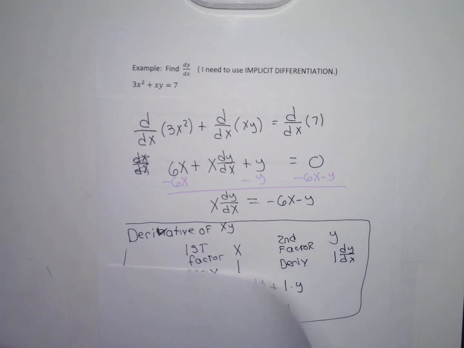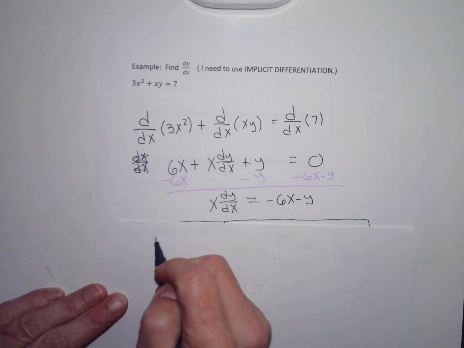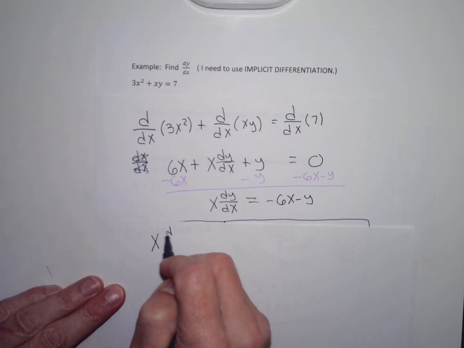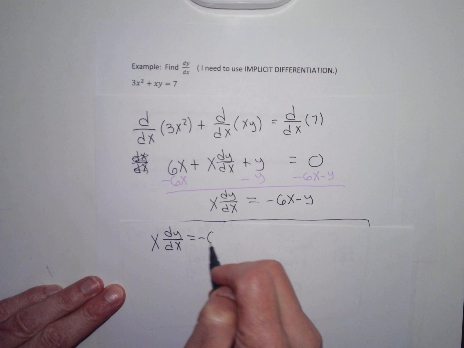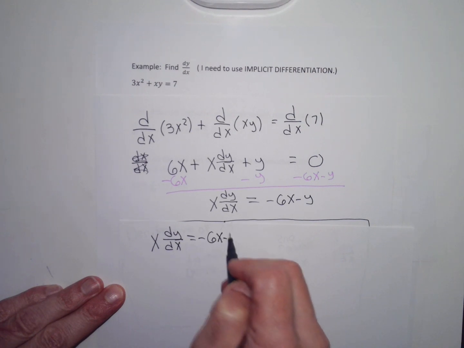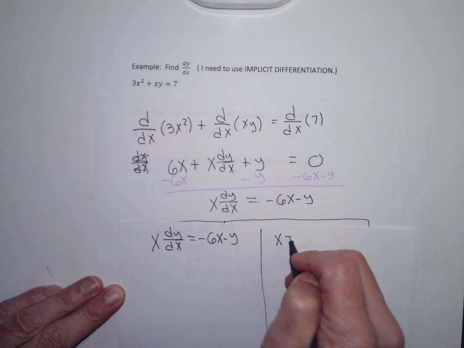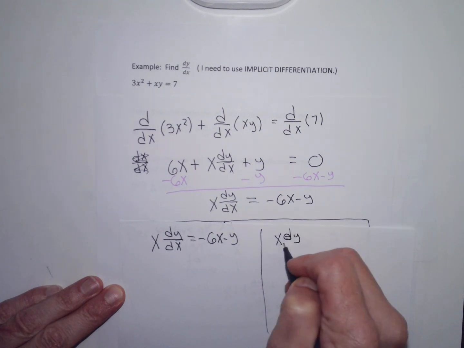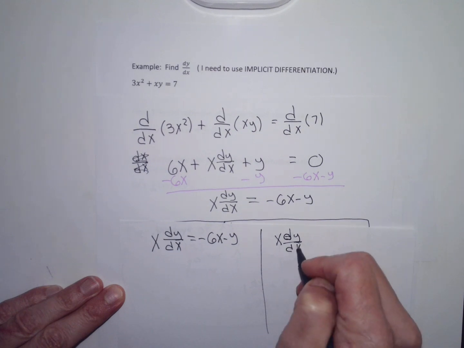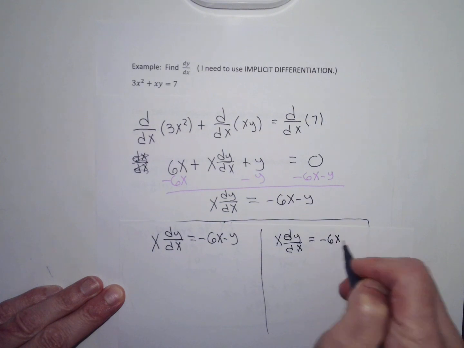I'm going to divide both sides by x, and I'm going to show it two different ways. These are both going to be correct answers. So I'm pulling out a separate sheet of paper just because there are two ways to solve for dy dx in terms of dividing by x. One way you can't reduce, the other way you can reduce.